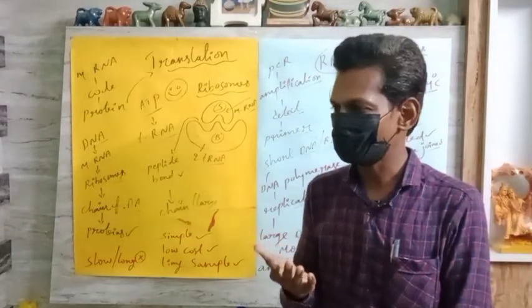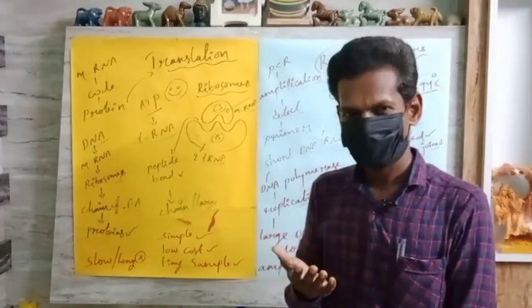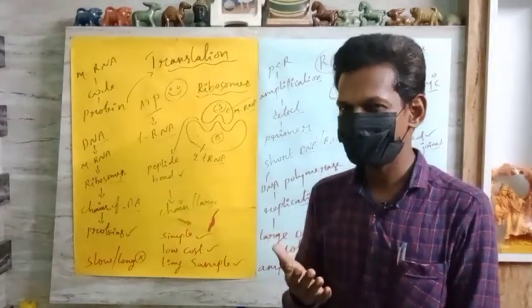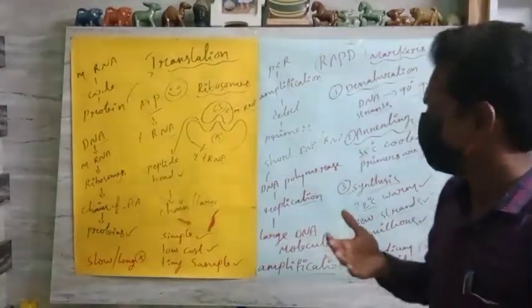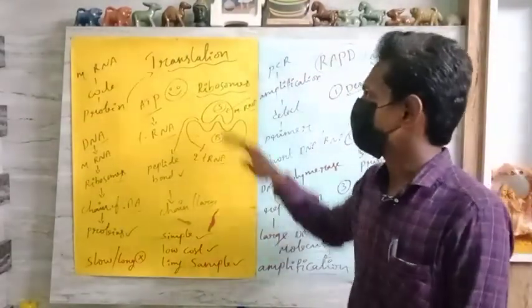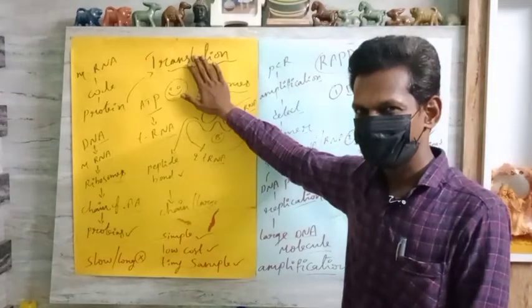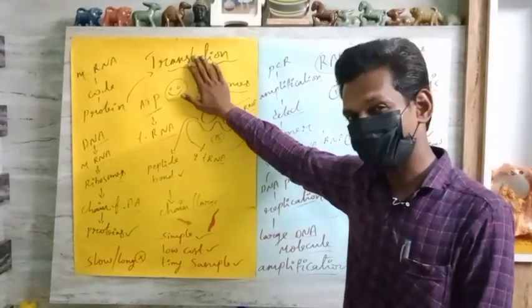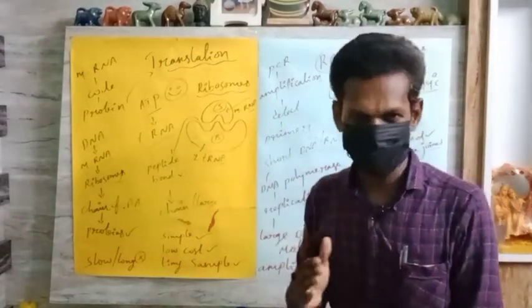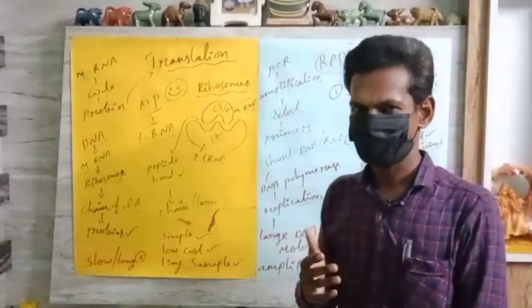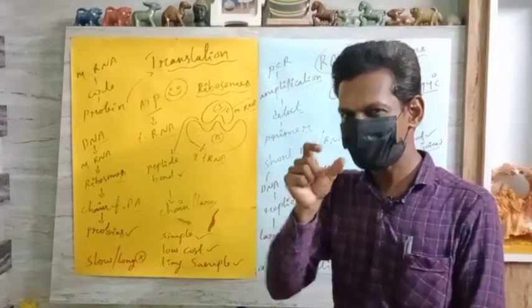What is molecular biology? It is the study of the structure, the sequence, the arrangement of codons, and the functions or features in detail of DNA, deoxyribonucleic acid, and also RNA, ribonucleic acid. These both come under nucleic acids.